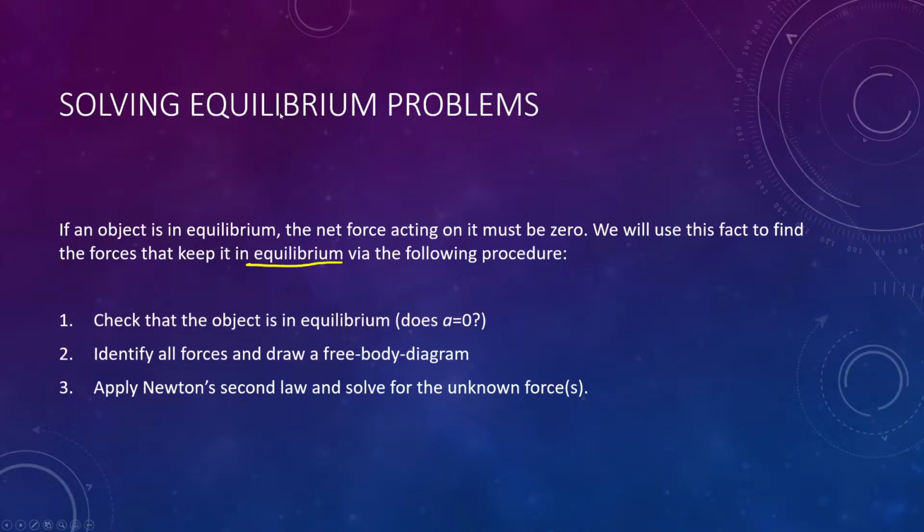First, you don't have to write anything down on paper for step number 1, but just check that the object is in equilibrium. Ask yourself, is this object in equilibrium? Which means it's either at rest or moving in a straight line at a constant speed. In other words, just ask yourself, is the object accelerating? Does acceleration equal zero? If the acceleration is zero, your object is in equilibrium.